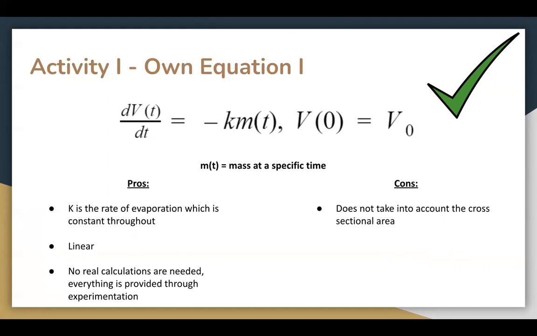It is considered to be linear and no calculation was needed because we weighed each Petri dish and cover, and mass would be determined based off the following values. The only con in this situation is that it does not take into account the cross-sectional area. This equation is considered the best out of the two that we evaluated, based on the fact that it gives us a negative relationship and it will be able to determine the rate of evaporation.